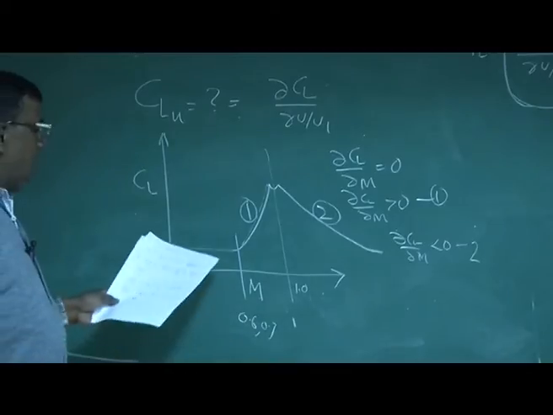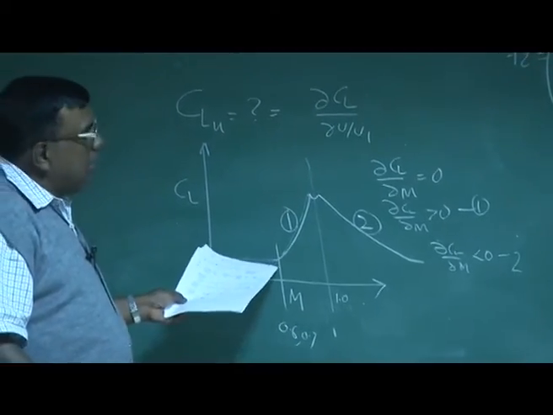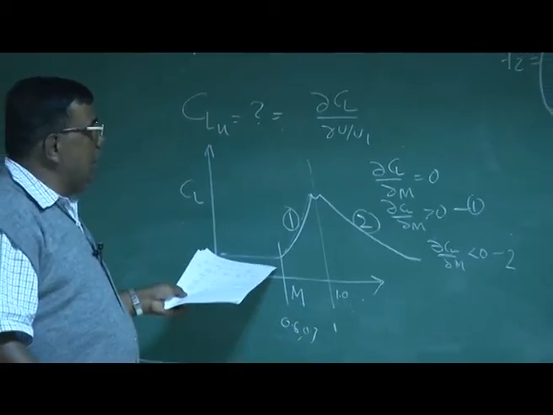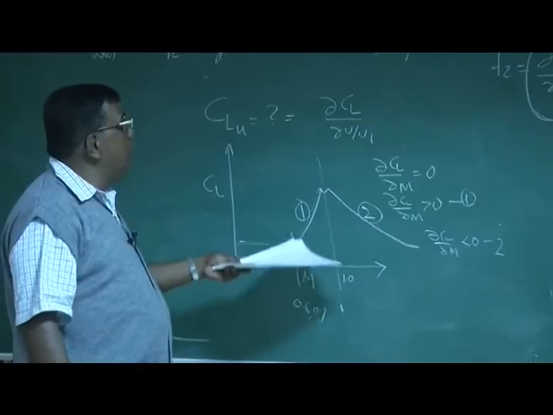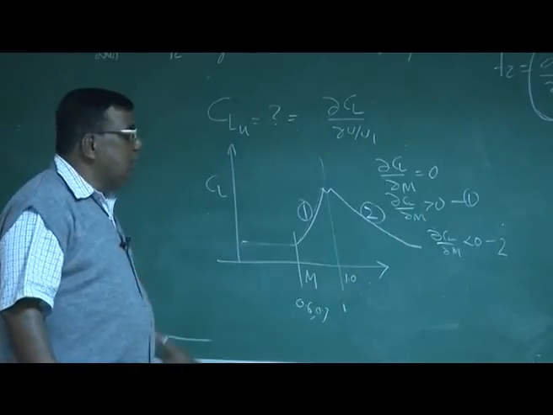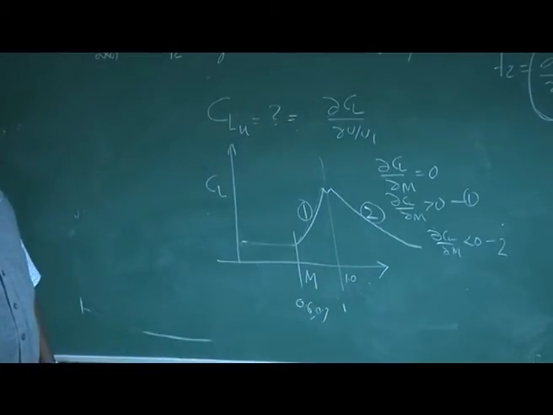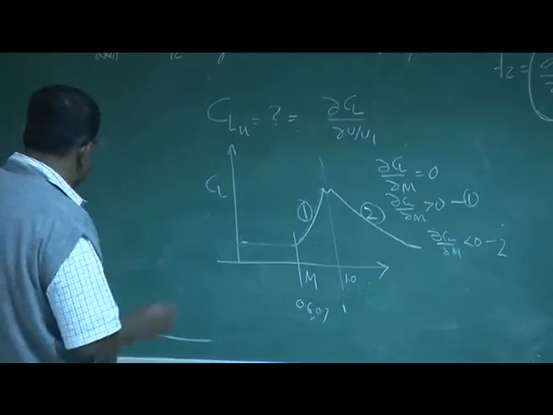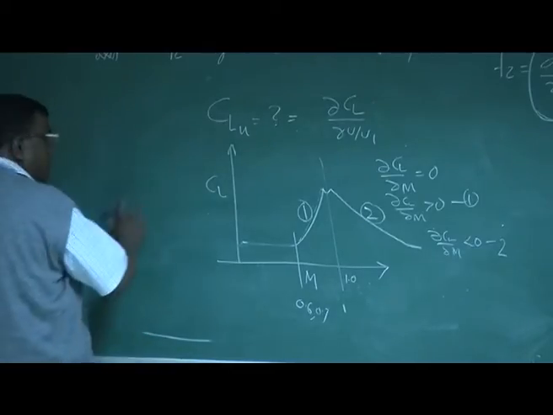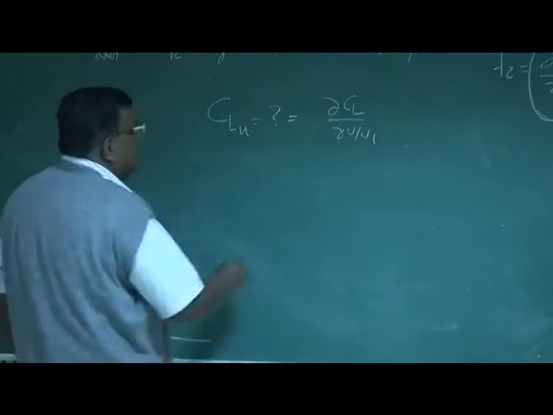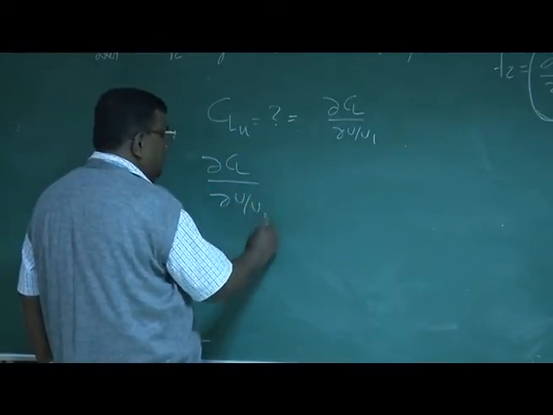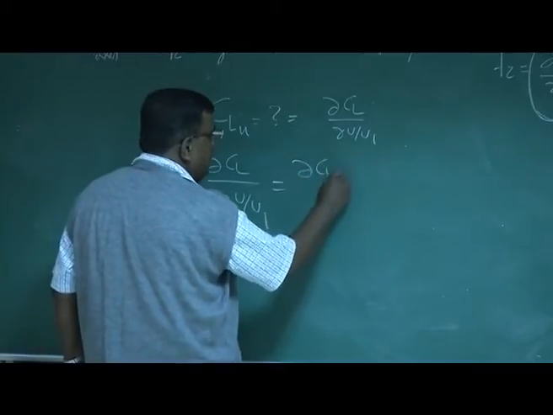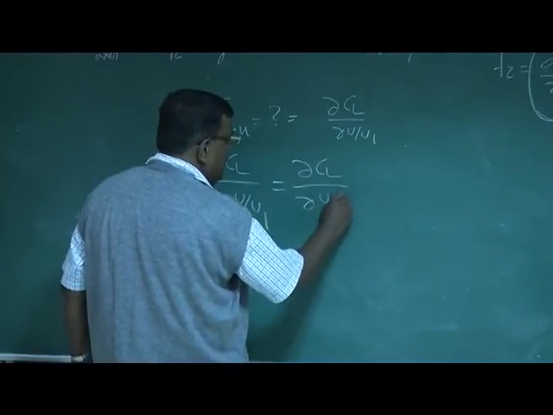At subsonic speed up to 0.6, 0.7, dCl by dM is almost 0. And between 0.6 to 1.1 or 1.2, around this region, the slope tends to remain positive. Once you understand this, we'll try to interpret Clu. So this dCl by d(u by U1), I can write as dCl by d(u by a).